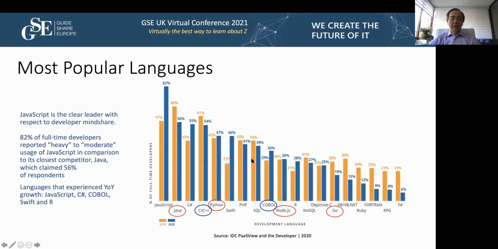You can see Java, C++, Python, COBOL, Node.js, Go. Those are amongst the more popular languages, and now they're all natively available on z/OS.